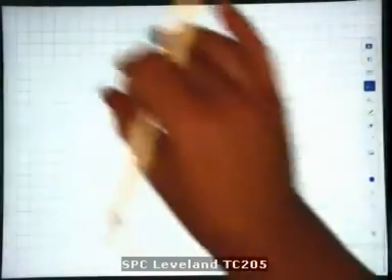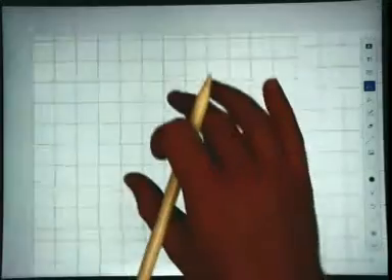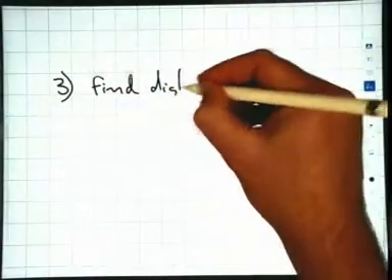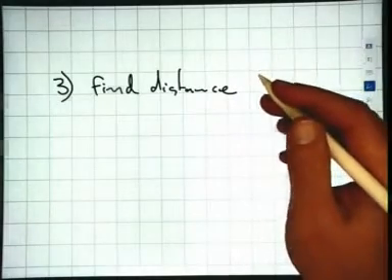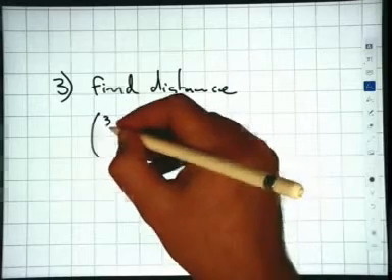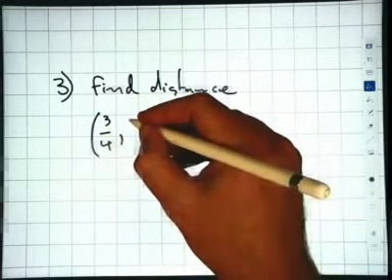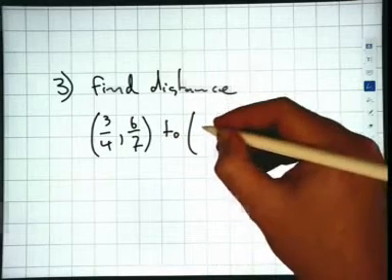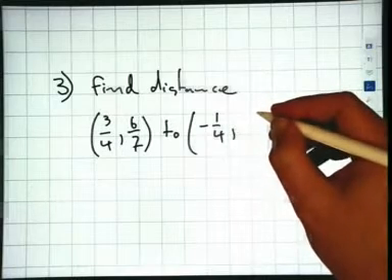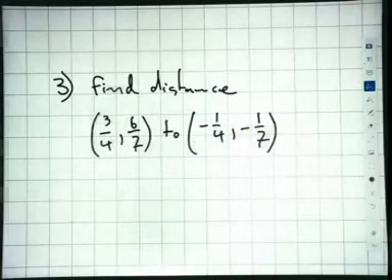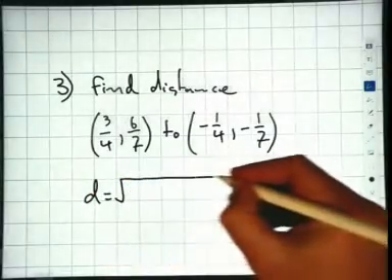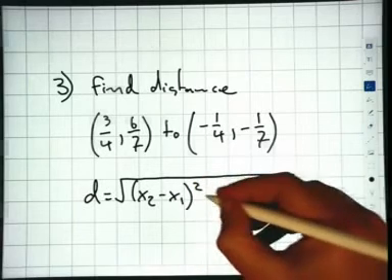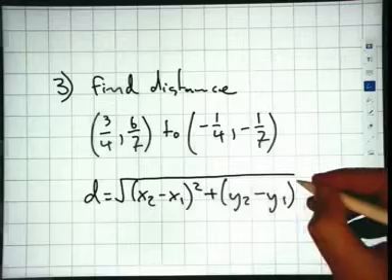Yes. So again, the distance formula: x2 minus x1 quantity squared plus y2 minus y1 quantity squared.